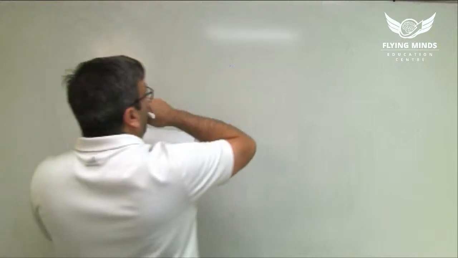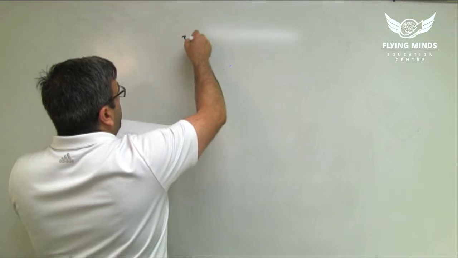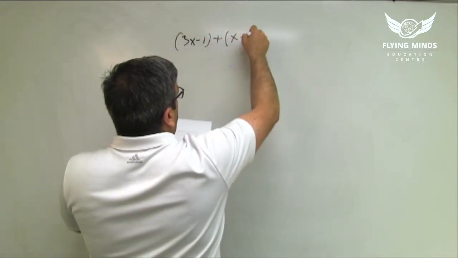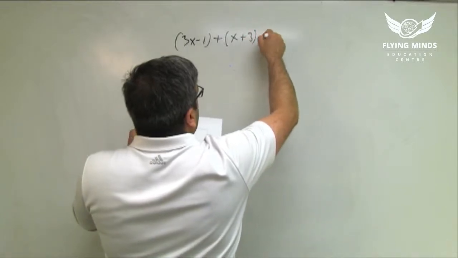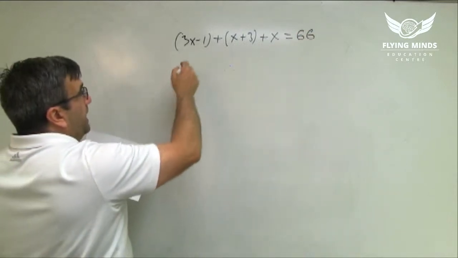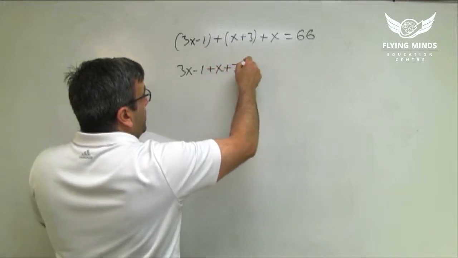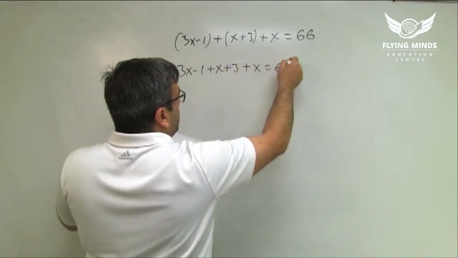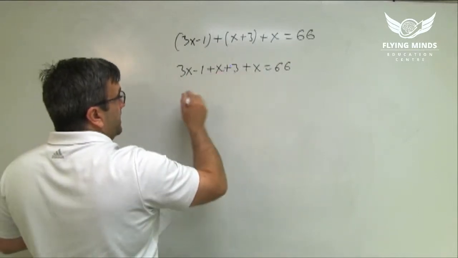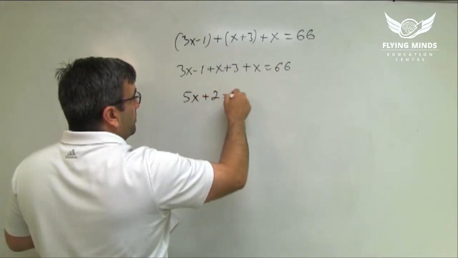Okay, so perimeter of the triangle, so sum of all sides, and we are given sides 3x minus 1 plus x plus 3 plus x, so equals 66, right? So 3x minus 1 plus x plus 3 plus x equals 66. So we have 3x plus x plus x, 5x, minus 1 plus 3 plus 2 equals 66.